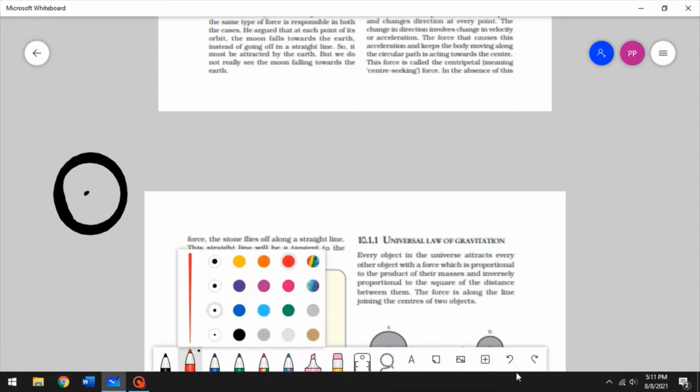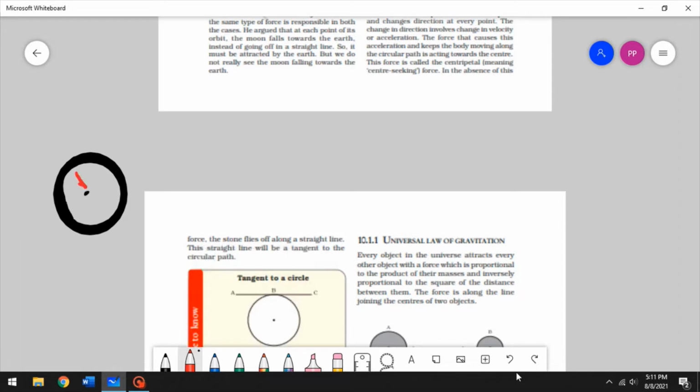Alright, so just like how friction is a resistive force, if this is the centripetal force, suppose this is my key of sorts, so whatever I'm doing in red is centripetal, alright, and whatever I'm doing in blue would be the opposing force, which is called centrifugal. Alright, so how you can remember the difference between centripetal and centrifugal is if you think about chemistry, a chapter, I don't remember which one it was, but we talked about the separation of different mixtures, right?